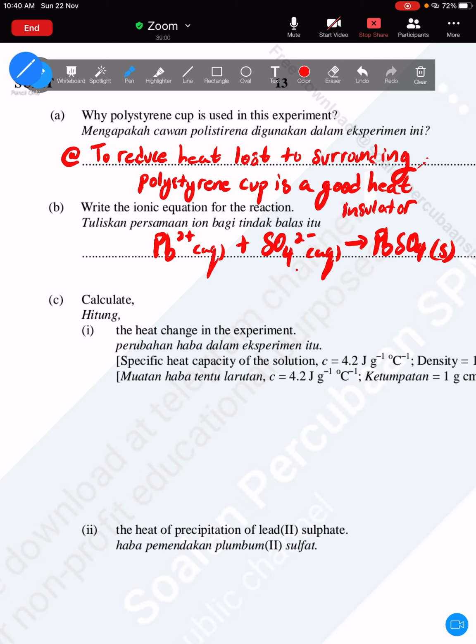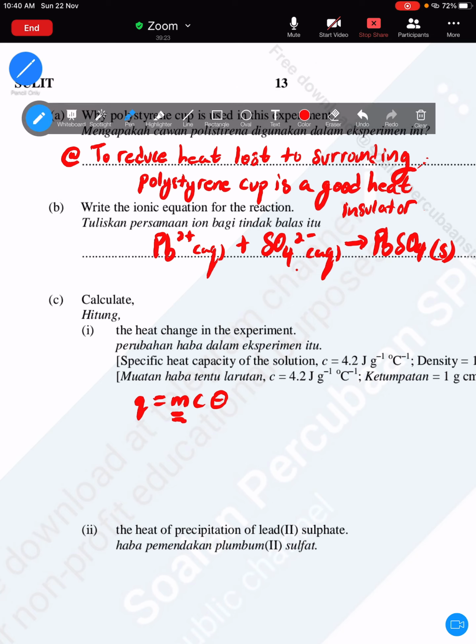Okay, now look at that. The heat change in the experiment. So you are going to use Q equals mc theta. You refer back to the question. So you know what the total volume and total mass are.